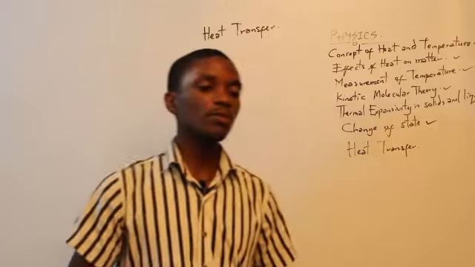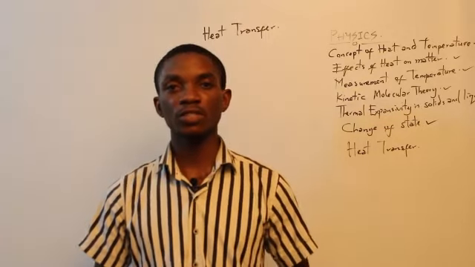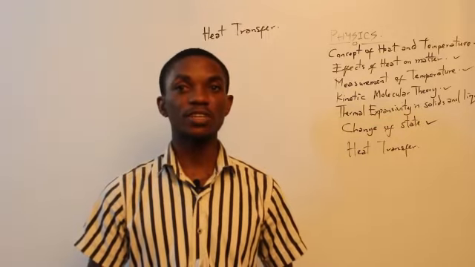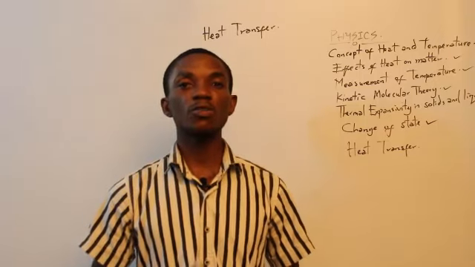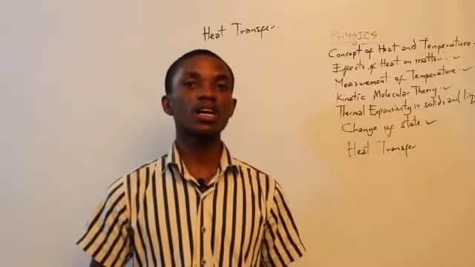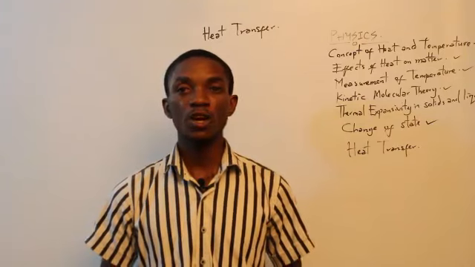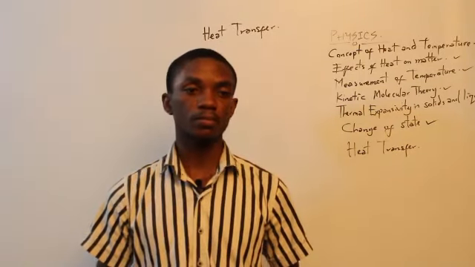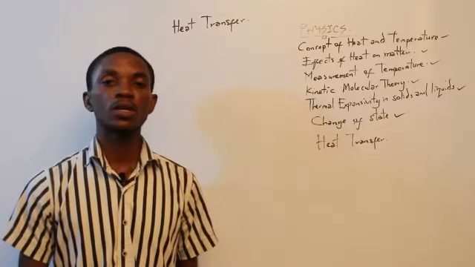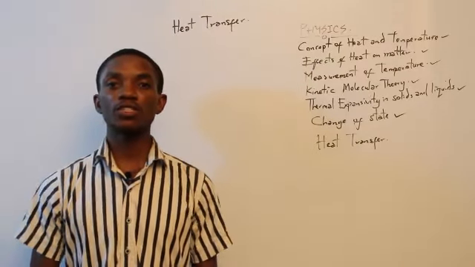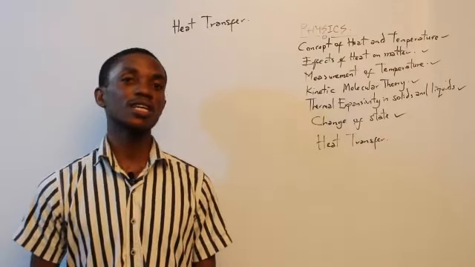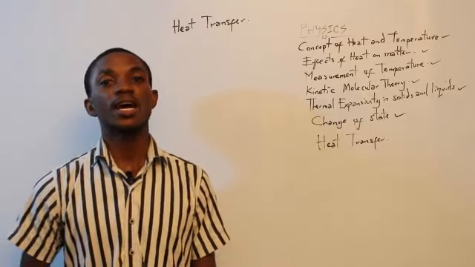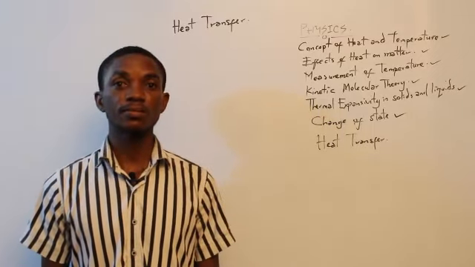So, how do we transfer energy? Heat energy specifically. There are three means by which you can transfer heat energy. These are conduction, convection, and radiation. Conduction is a kind of heat transfer that involves physical contact between a solid and the source of heat.